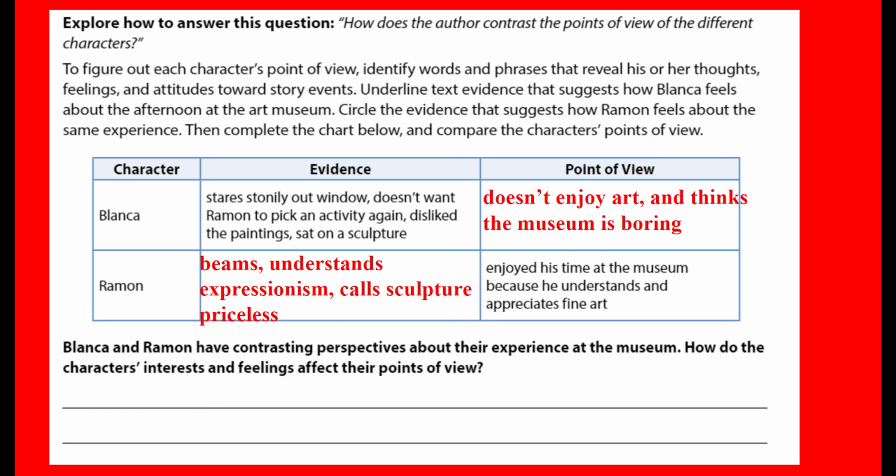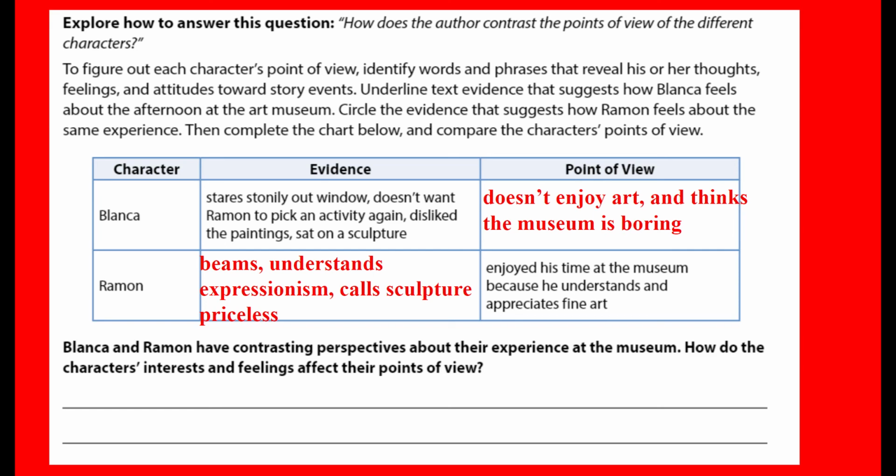If you need to look back up at the passage, feel free to do that. But go ahead and write your answer in your workbook, pause the video, and when you come back, we are going to discuss a potential right answer and why that answer is correct. So go ahead and pause the video now and answer this question for me.